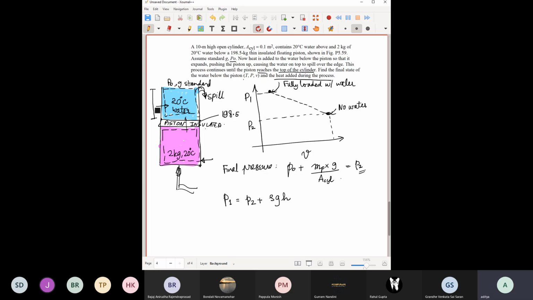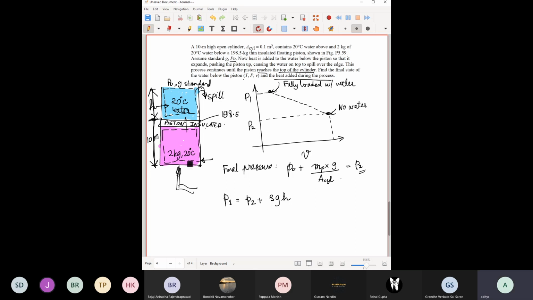And it is given that the total height is 10 meter. But let's say that this height is h. We don't know what h is at the moment.